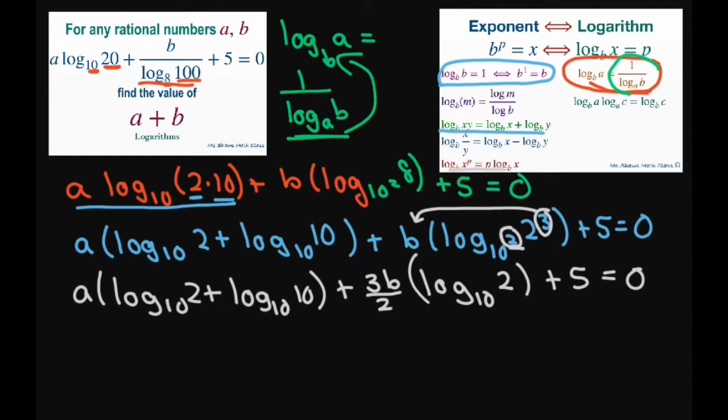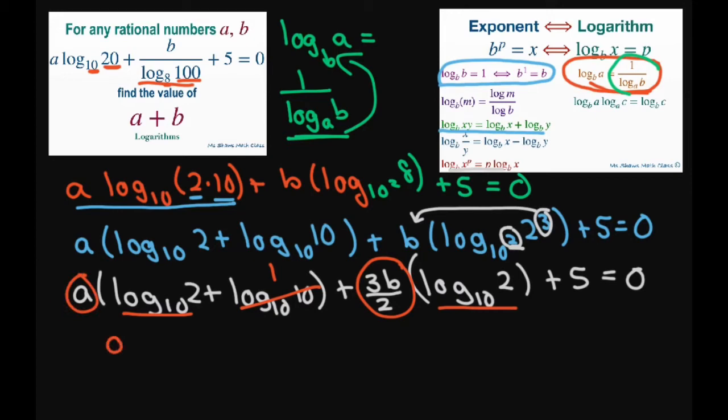All right, from here, we can factor out, this equals 1, right? And what I'm going to do is factor out, we have 2 of these log base 10 of 2's here. So I'm going to factor this out because we're trying to find a and b anyway.